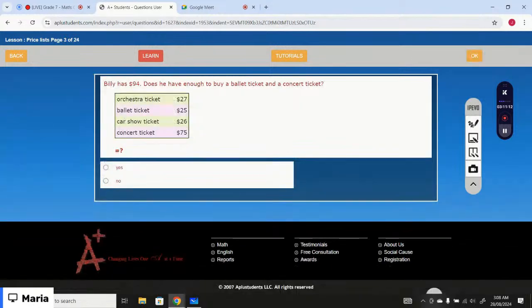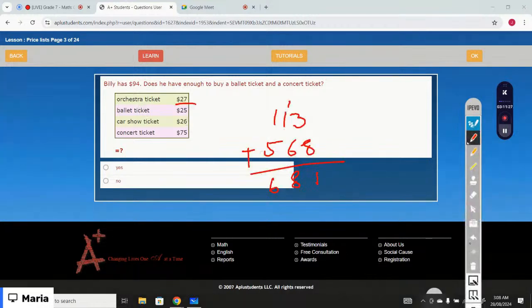The next one is Billy has $94. Does he have enough money to buy a ballet ticket and a concert ticket? So which is the correct option? Let's just add the prices of the concert ticket and the ballet ticket. Concert ticket is for $75 and ballet ticket is for $25. So just add them. The total is 100.